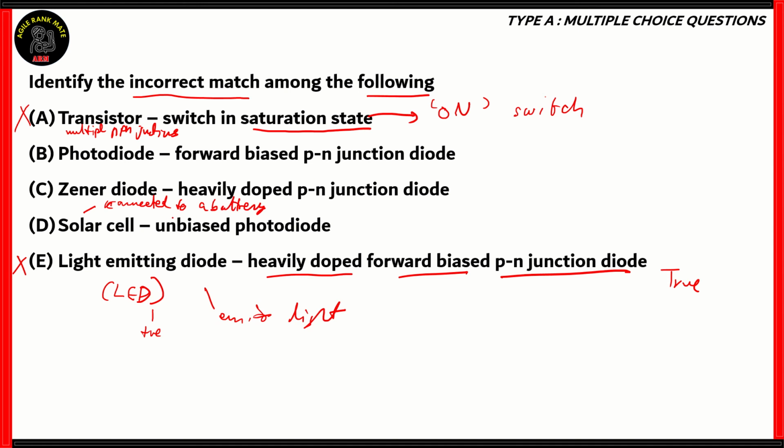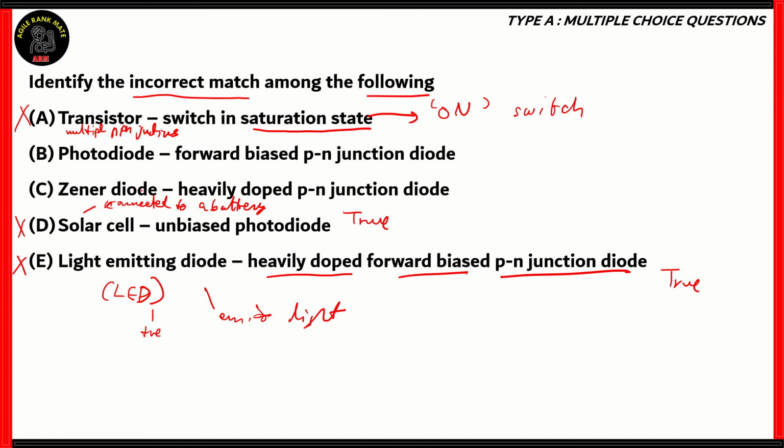It acts as a voltage source because of the solar energy that's hitting it, and this is due to the fact that it exhibits the photoelectric effect. So solar cell is an unbiased photodiode, and it does not need to be charged. So therefore, option D is also a true match. It's a correct match, which makes the option incorrect.